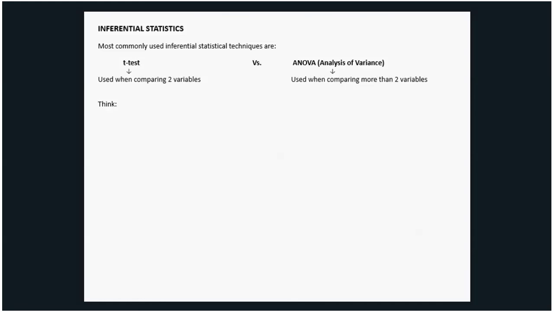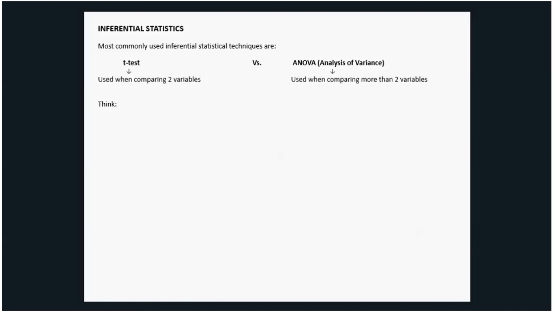You also will take group A, group B, and group C. Say we've got group A with a pre-test and post-test, group B with a pre-test and post-test, and group C with a pre-test and post-test. If I'm looking at group A's pre-test and post-test, I can use a t-test. Group B, pre-test, post-test, I can use a t-test.